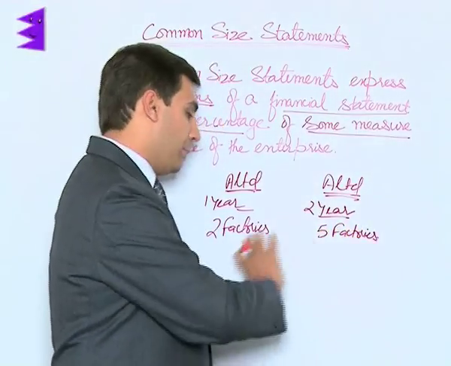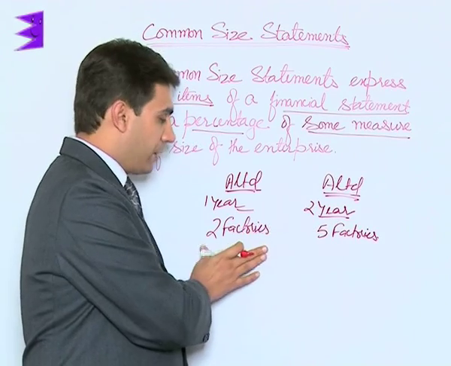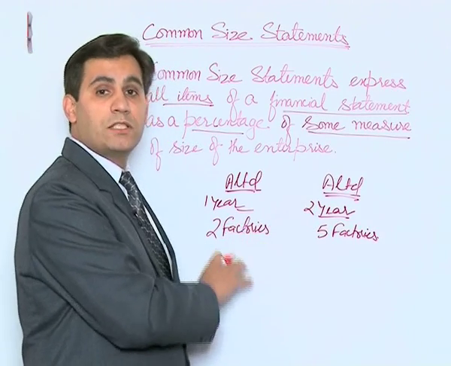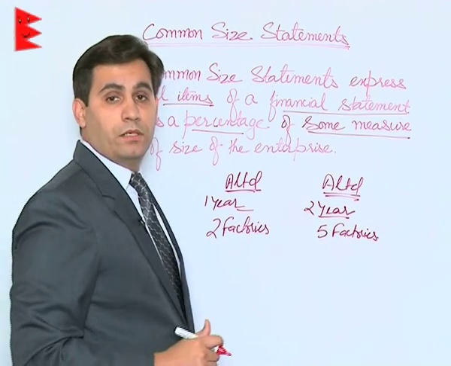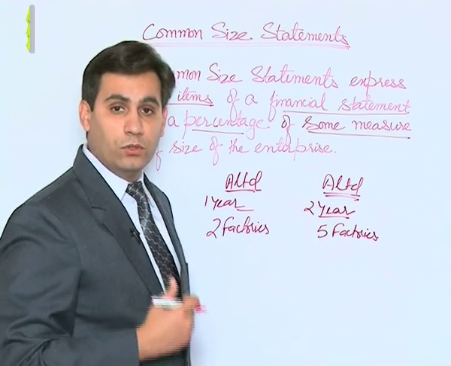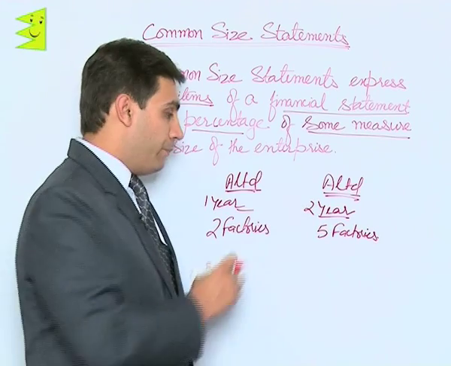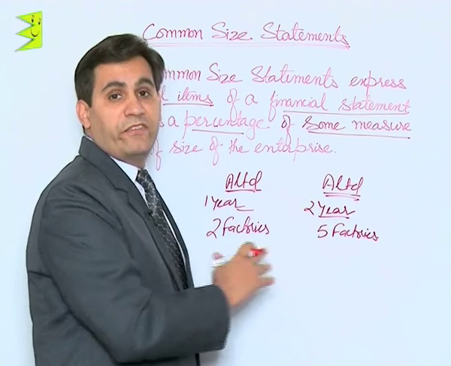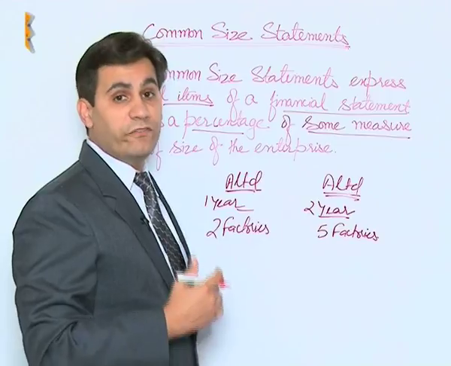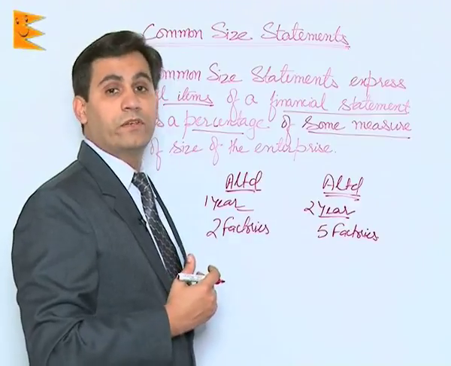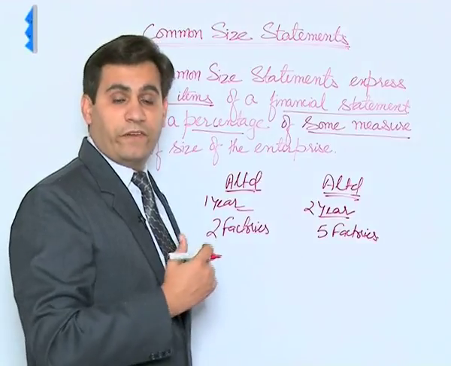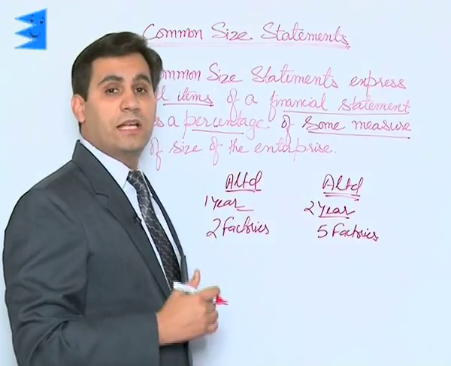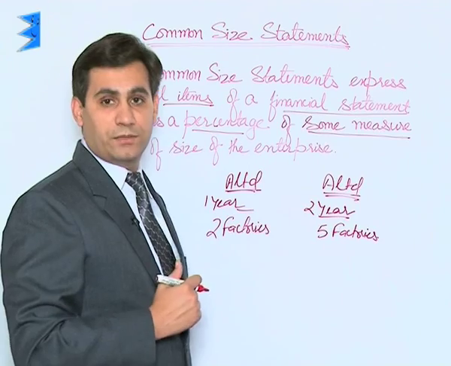Now students, it can be clearly seen that the scale of operation in the first year was much lower as compared to the scale of operations in the second year because of the acquisition of new business. Since the scale is very different, the figures, if we try to calculate on the basis of comparative statements, would be very different, and as such that comparison would be meaningless.